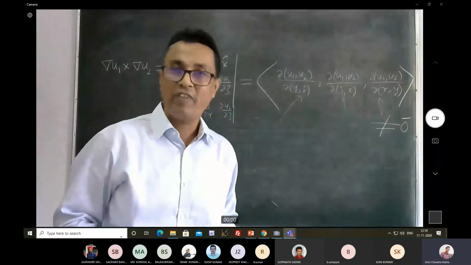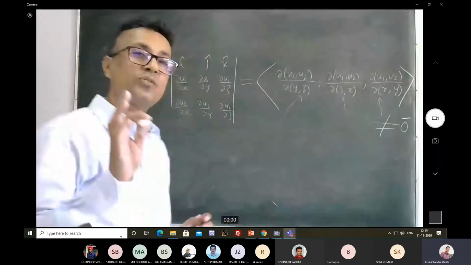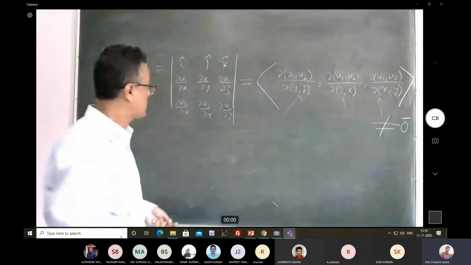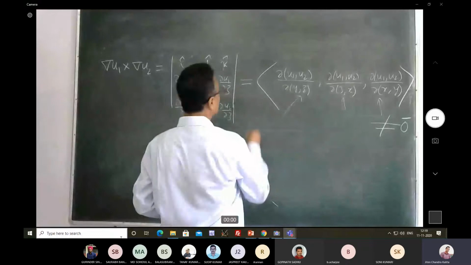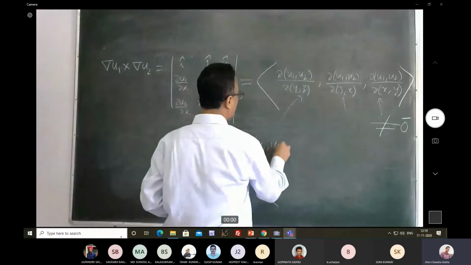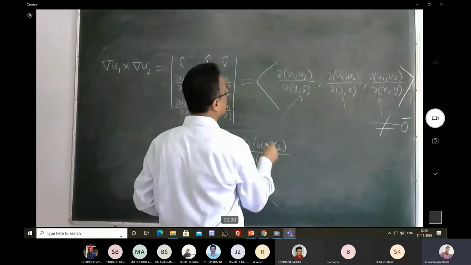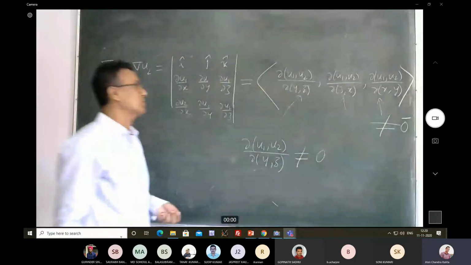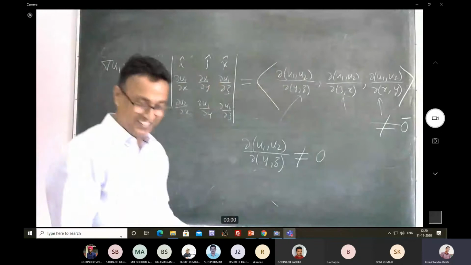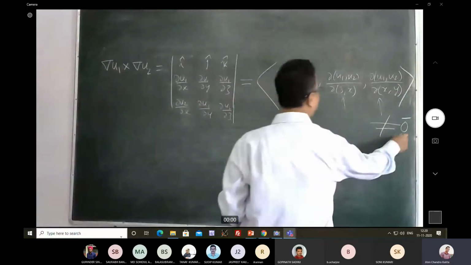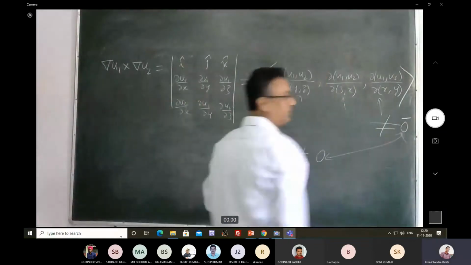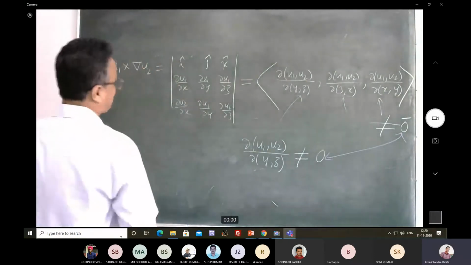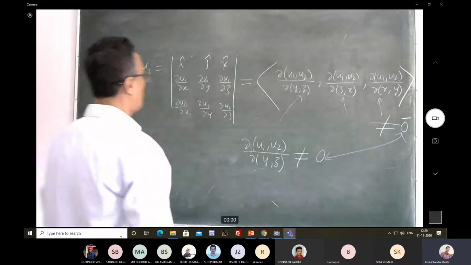Fine? So suppose I am assuming that the first component is non-zero. Say, suppose this is not equal to 0. Well, one is a vector and one is a scalar. Okay, fine. So now what happens?